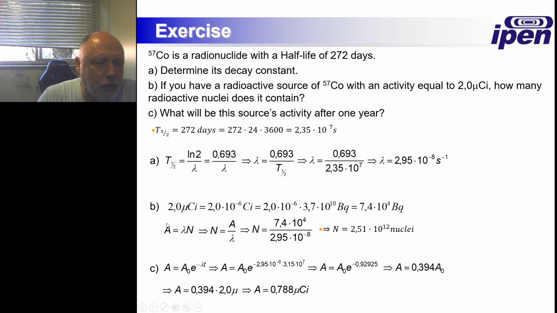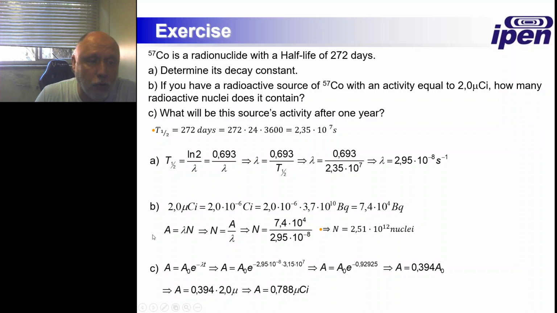This here, the unit is per second, is becquerel, so this here must be per second too, otherwise things go wrong. So when doing decay analysis like this one, you don't have to have this up here. You can test yourself. If you use 272 days here and determine lambda in day to the minus 1 and put it here, the result will be exactly the same, with possibly less chance for error.